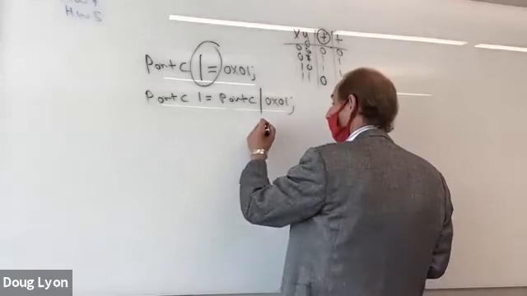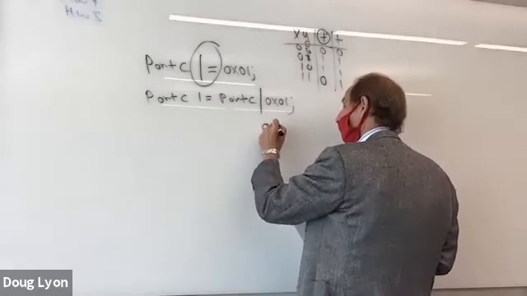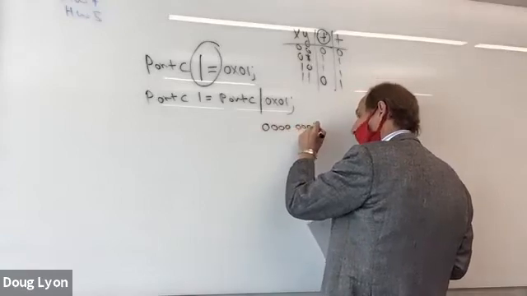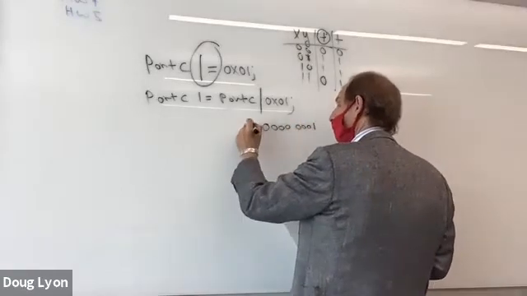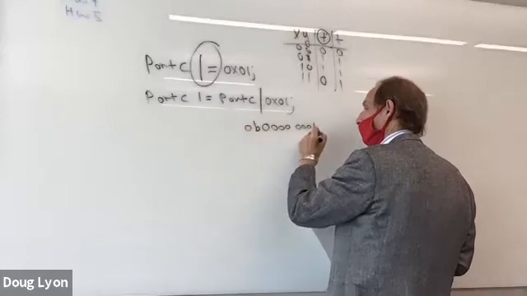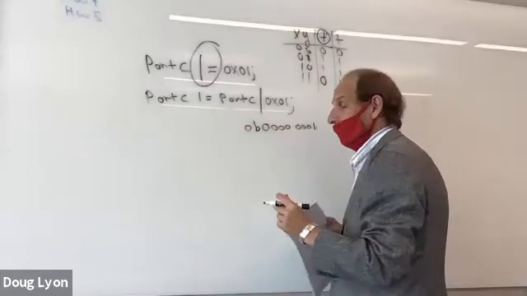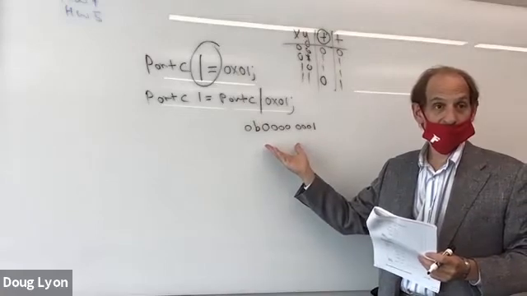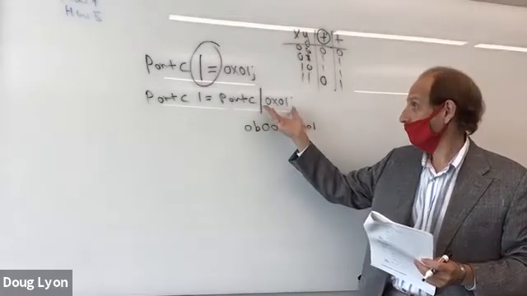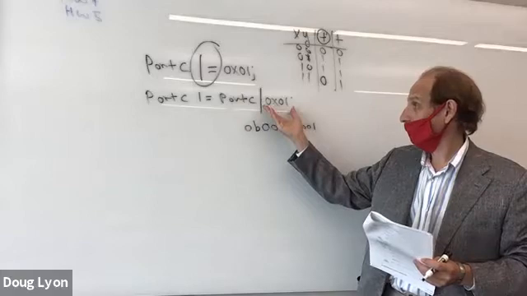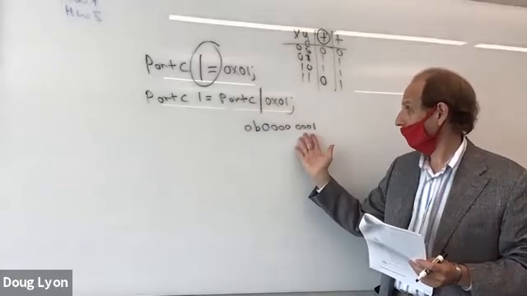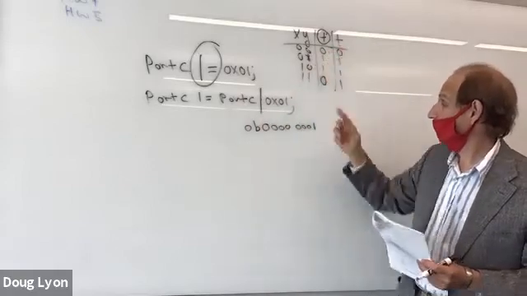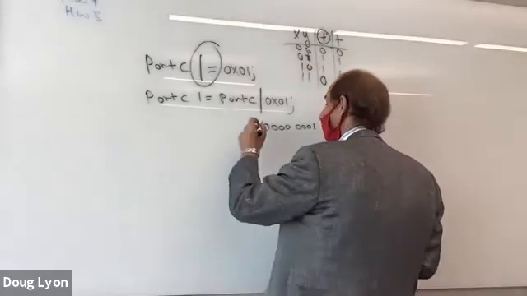So in an 8-bit world, we write 0, 0, 0, 0, 0, 0, 0, 1, with 0b in front to show that it's in binary. And this is a valid input literal for your code, as well as 0x01. Take that, do a bitwise inclusive OR with port C.